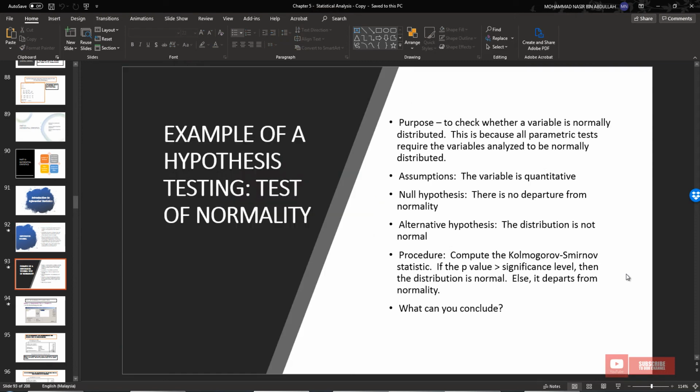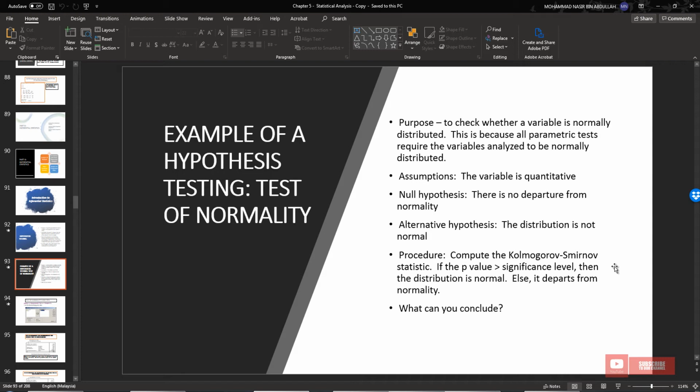So an example of hypothesis testing is a test of normality, right? If you still remember, you have learned several tests of normality in STA 220. One of the tests is Kolmogorov-Smirnov and Shapiro-Wilk. We want to test whether a quantitative variable is normally distributed or not.